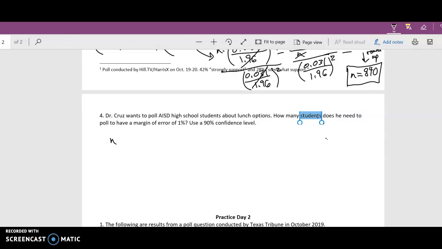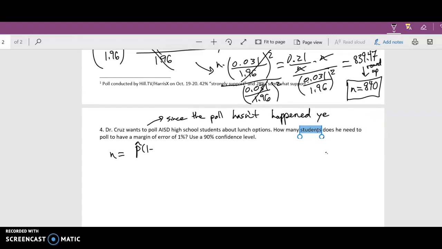So sample size is 1 times 1 minus, times p hat. Okay, since the poll hasn't happened yet, and this will happen sometimes, we have no p hat.